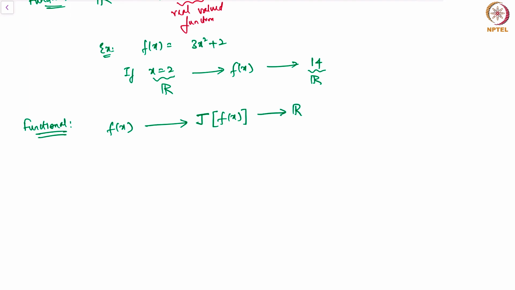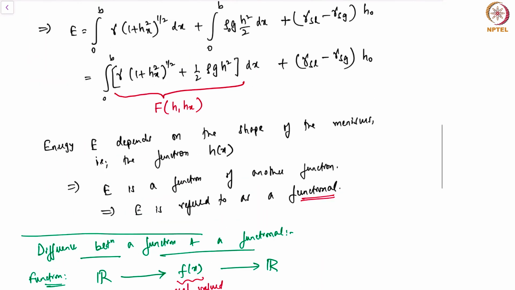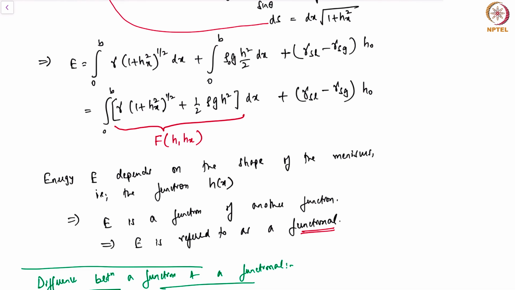So functions would require a real number as an input, if it's a real valued function. But for a functional, the input itself is a function. So what we now see is that this energy is actually a functional because it is operating on another function, which is h of x.